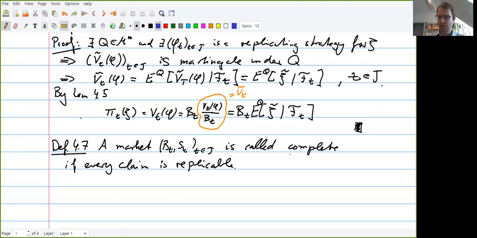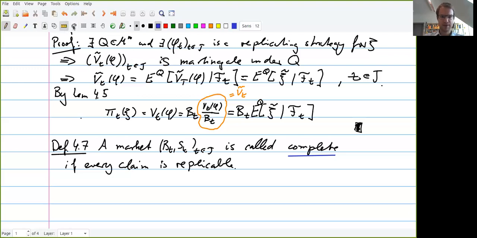So if we have a market where we can replicate every option, that's a complete market. And we have seen that the binomial model with one trading period is such a complete market. So there are examples of models which are rather nice because we can replicate every option, which makes the hedging and pricing of the option in such a model much easier and more tractable.